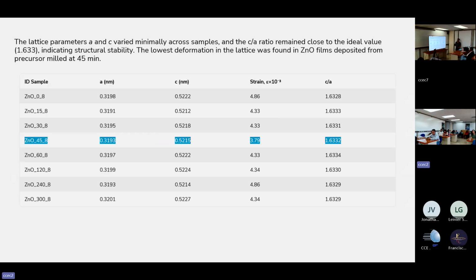The lattice strain decreases to 3.79 by 10 to the minus 3. The c over a ratio remains close to the ideal value, 1.63, confirming the structural stability of ZnO.